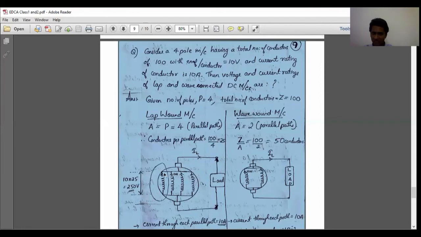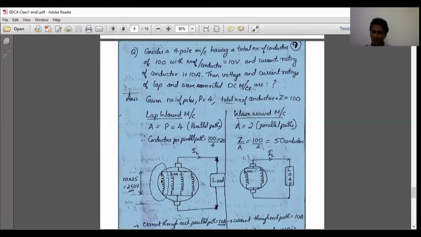From each branch it is 10 ampere, by KCL, Kirchhoff's current law. What's happening here? The current entering the junction is positive, and it will be equal to the current leaving the junction. According to that law, if I apply it here, current entering the junction is positive and current leaving the junction is negative.